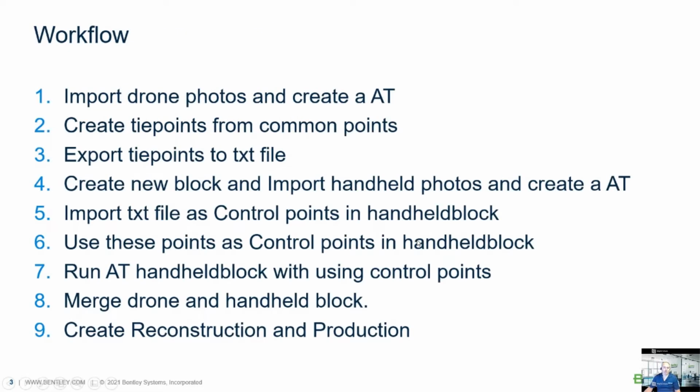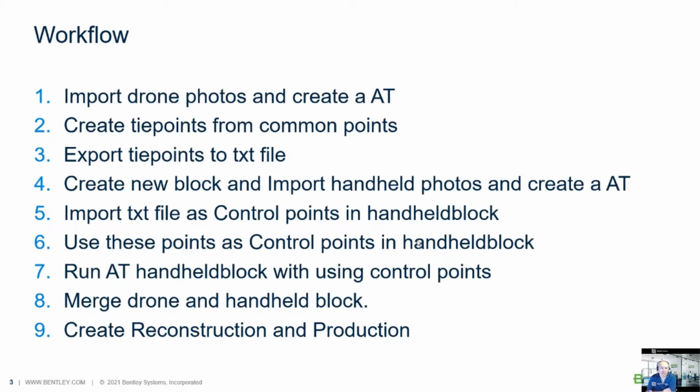So how are we going to do this? I'll discuss the workflow here and then show it with a live data set. We create a base data set, normally the drone data set. We run that in ContextCapture Master, create a really good aerial triangulation, and that's our base model. Then we define common points which you can see in both data sets.